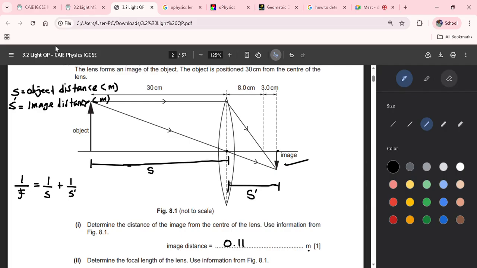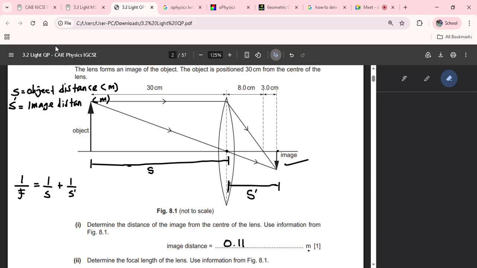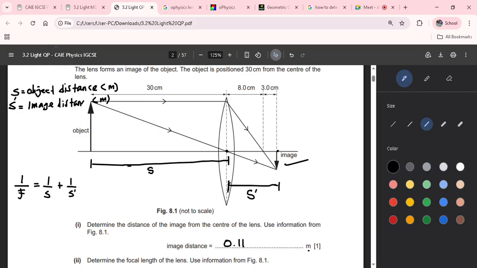And how about f? f is the focal length, in meter.